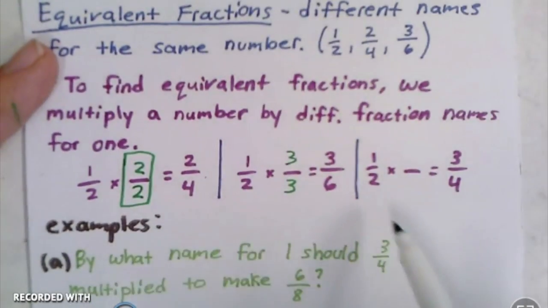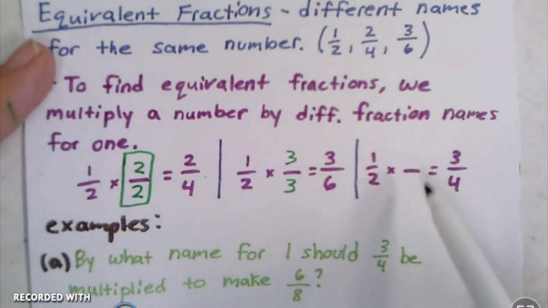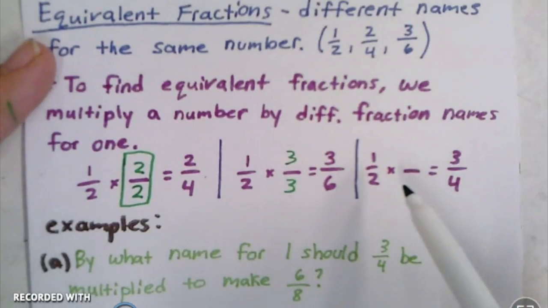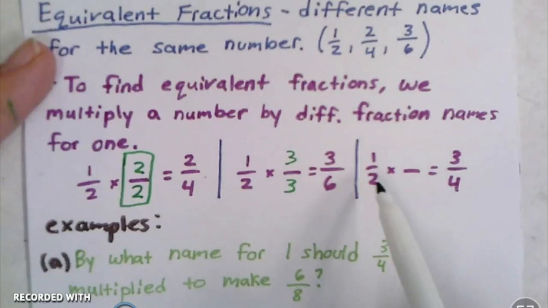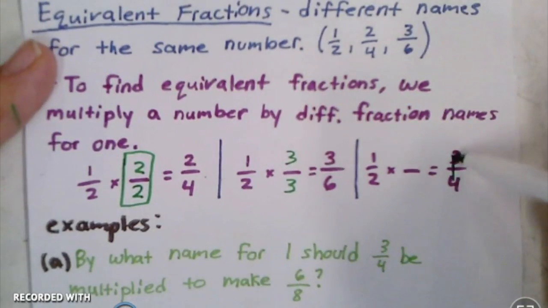All right, look at this third one. So what could we multiply 1/2 by to get 3/4? That's actually a trick question because there's no fraction equal to 1 that you could multiply by that would give us 3/4, okay? Because 2 times 2 is 4 and 1 times 3 is 3. So this is actually not possible. So what I want you to do is cross that one out.